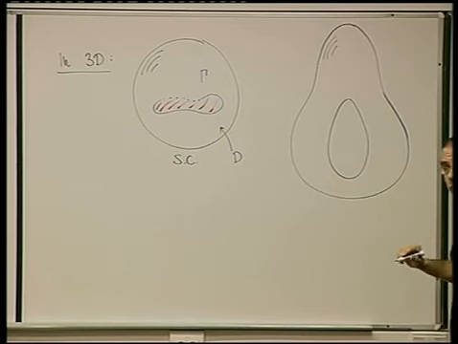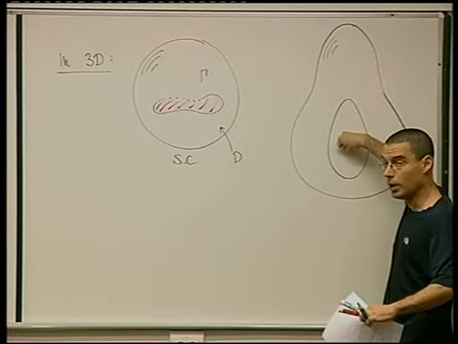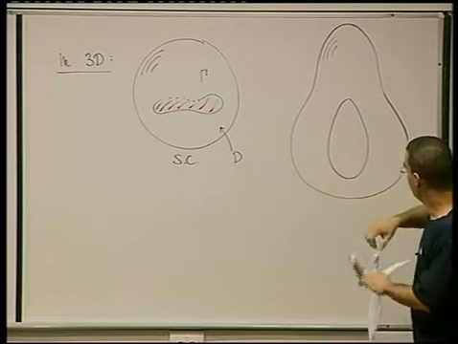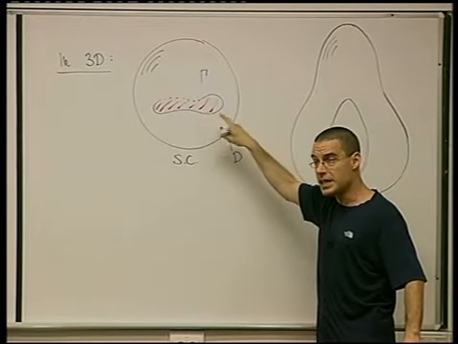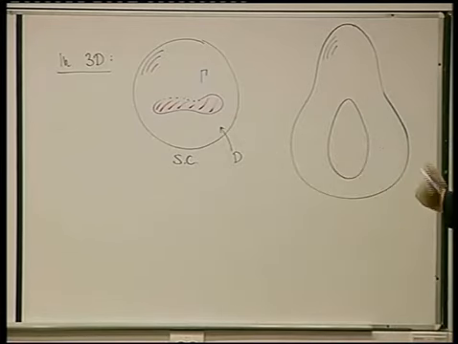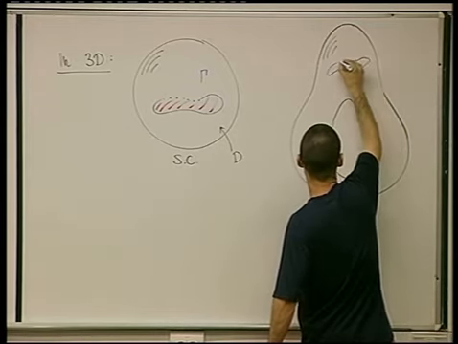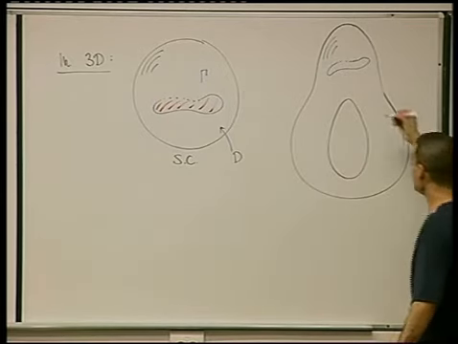Let's figure out if it's simply connected. So it doesn't have a hole that goes all the way through. It has a hole, right? This is a hole, but the hole doesn't go all the way through, right? Now, let's look at a gamma and see if we can say that gamma is the boundary of some surface inside this avocado. So if we take gamma here, here's gamma, that's not an issue, right?